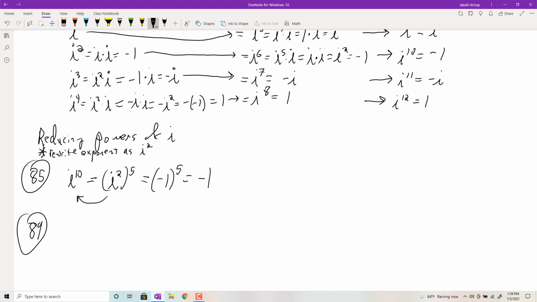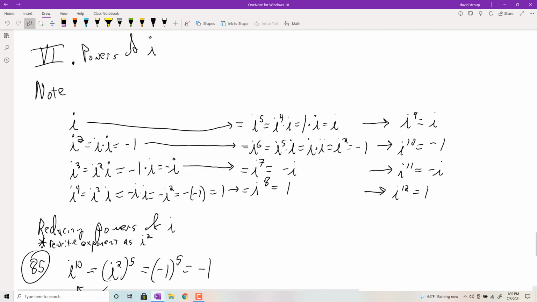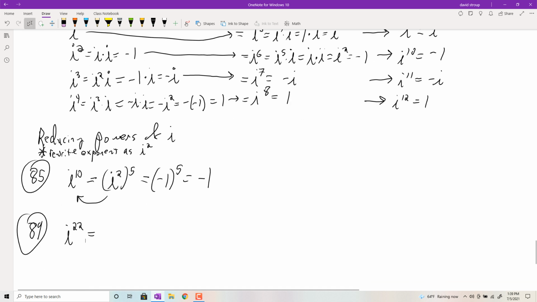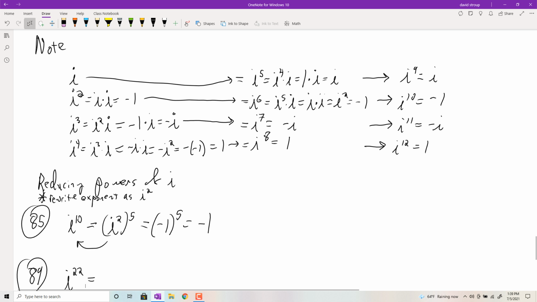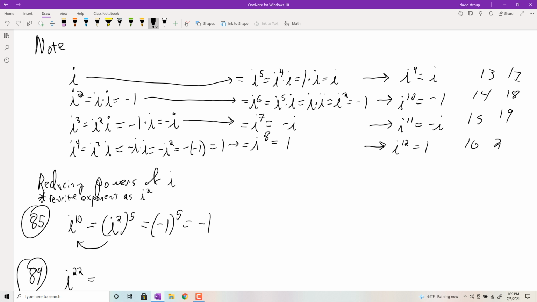Let's try another one. So 89, I have I to the 22nd power. I mean, you could play this game like we were doing up here, if you could see the pattern, but you kind of have to count up to it, right? So I mean, this would be 13, 14, 15, 16, 17, 18, 19, 20, 21, 22.